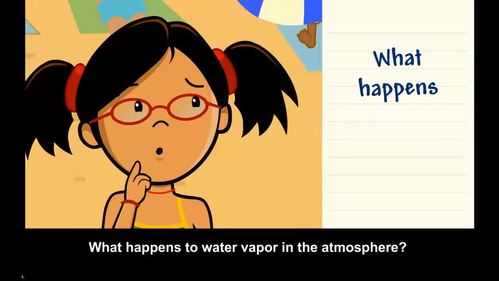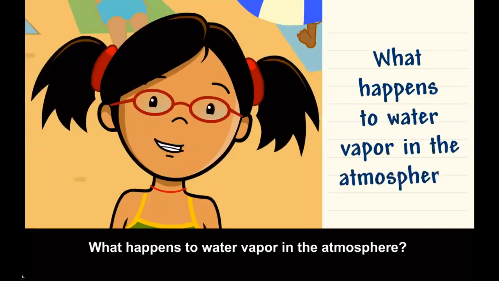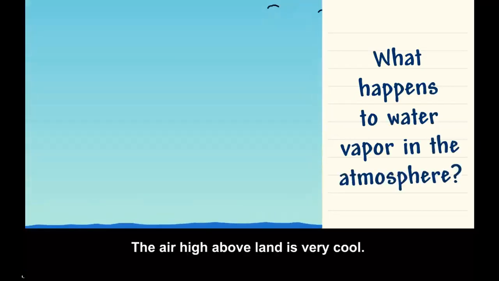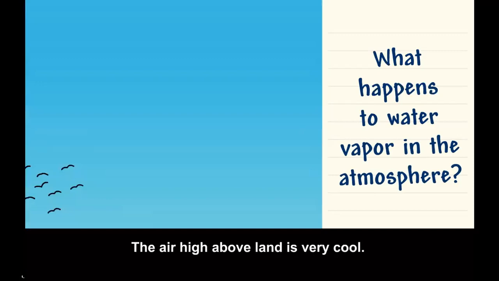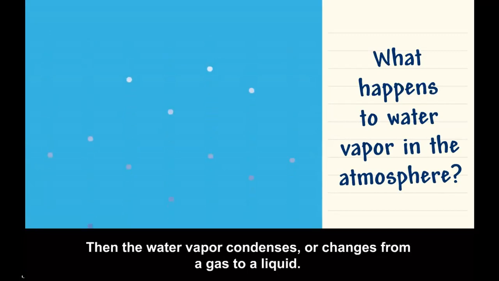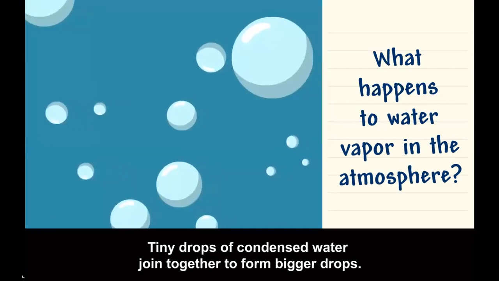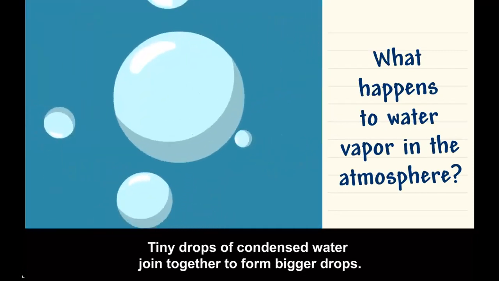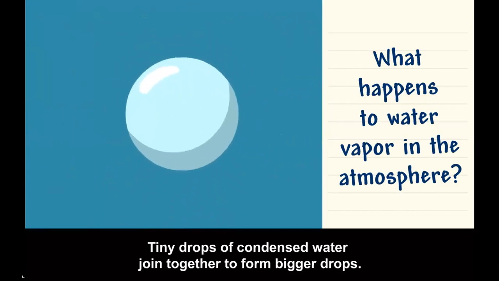What happens to water vapor in the atmosphere? The air high above land is very cool. As water vapor rises into the atmosphere, it cools down. Then the water vapor condenses, or changes from a gas to a liquid. Tiny drops of condensed water join together to form bigger drops.